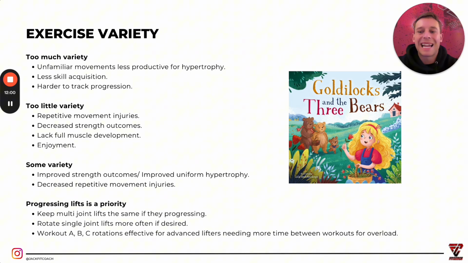If you are an advanced lifter, you may benefit from a workout rotation such as an A, a B, and a C rotation, which provide more time between specific workouts, allowing for adequate recovery and continued overload. And this method ensures that you can push for progression in key lifts while still incorporating enough variety to prevent injuries and maintain overall muscle development and enjoyment.